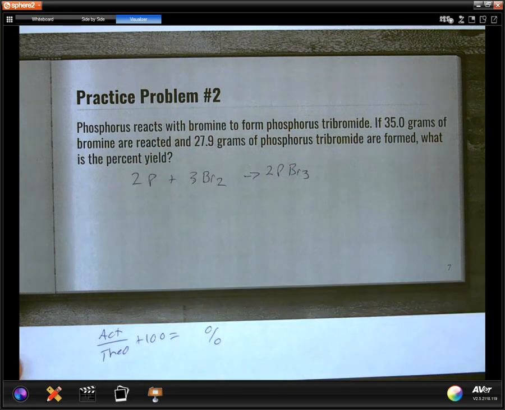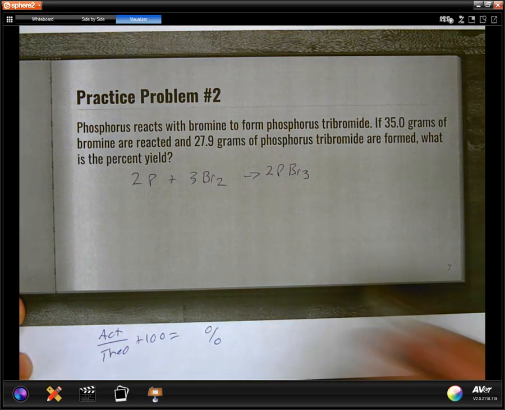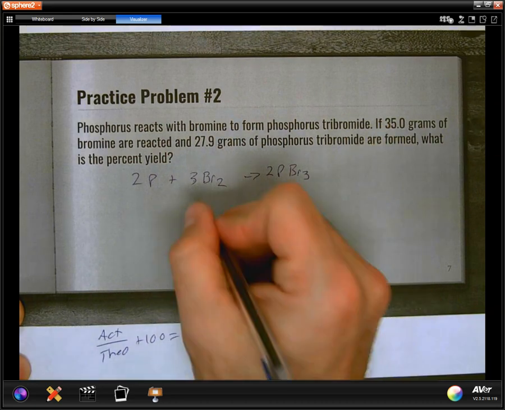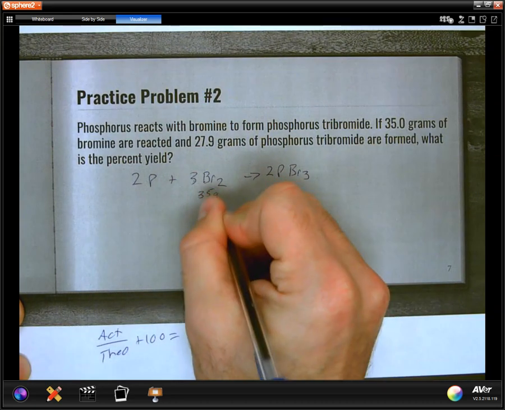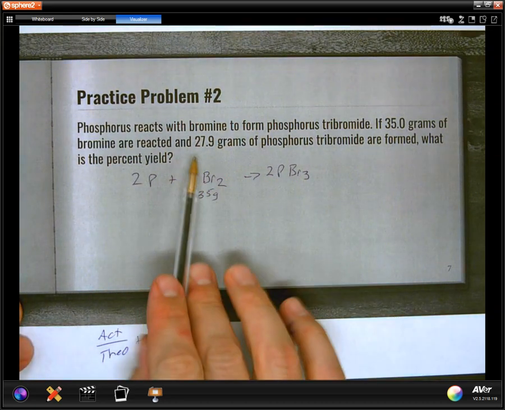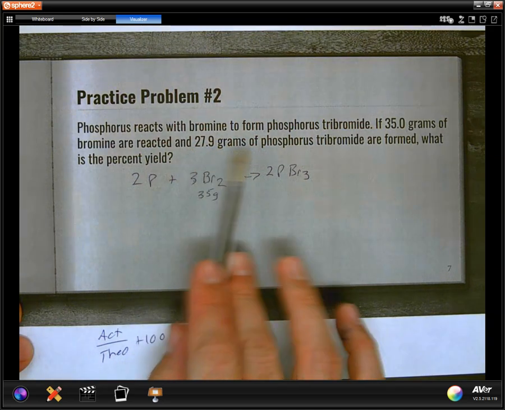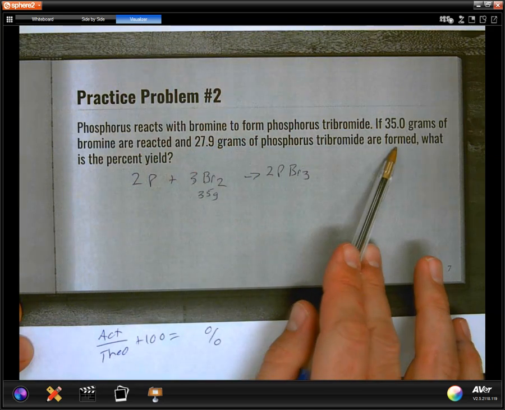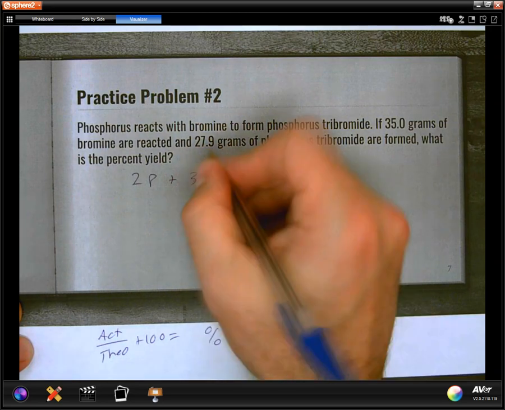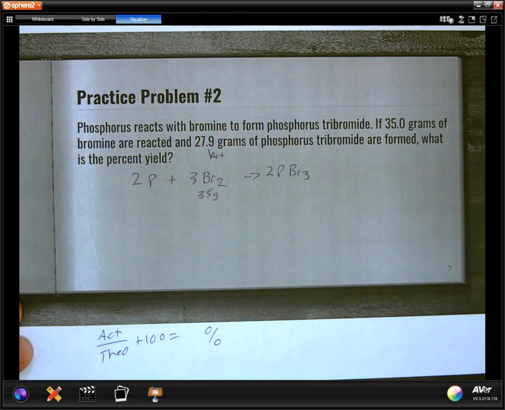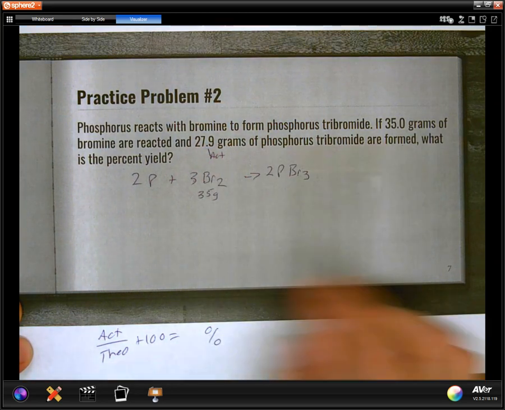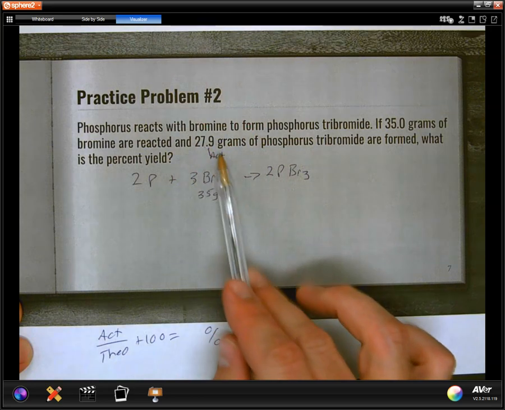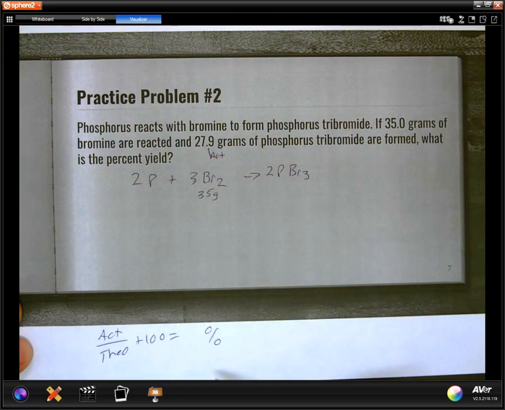Now for me, I like to even set it up even further. Here I have 35 grams of bromine. And when it says 27.9 grams of phosphorus tribromide are formed, this is actually giving me the actual. That's the actual. It says it's formed. Remember, the actual will always have to be given to you in the problem. The theoretical is what you calculate.